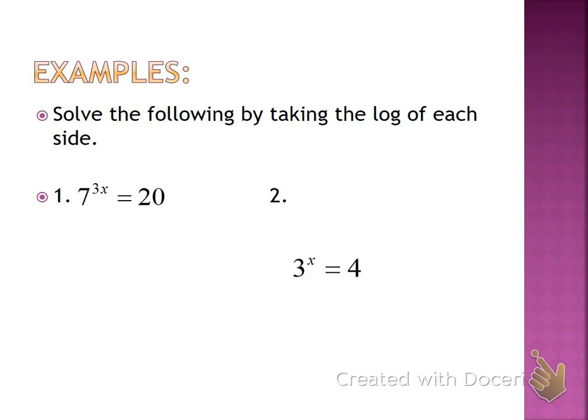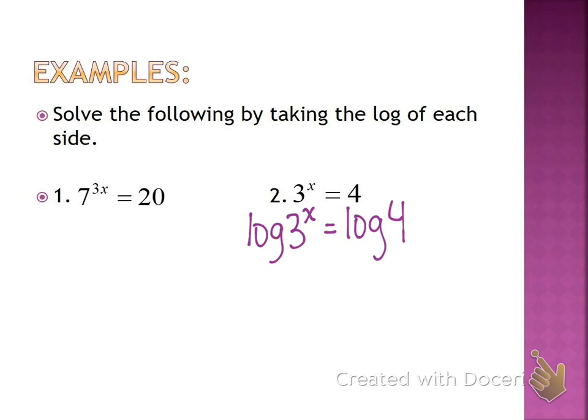Let's bring up number 2. This one I think is actually a little bit easier because our variable does not have another number multiplied to it. So it'll save us a little bit at the end. First thing we have to do is take the log of both sides. So log of 3 to the x equals log of 4. We did the same thing to both sides.